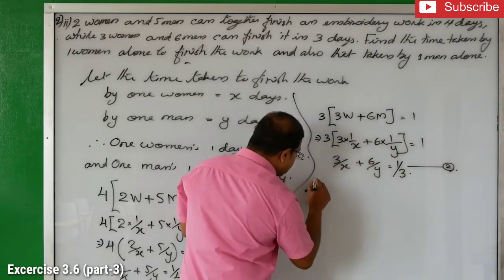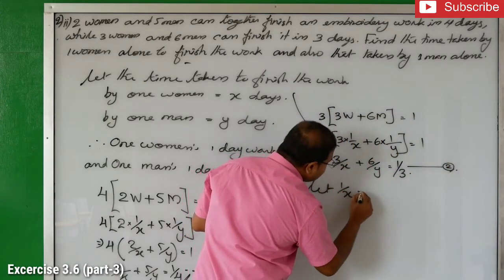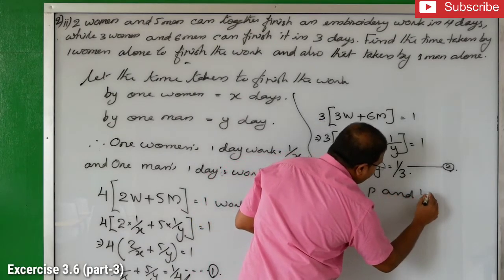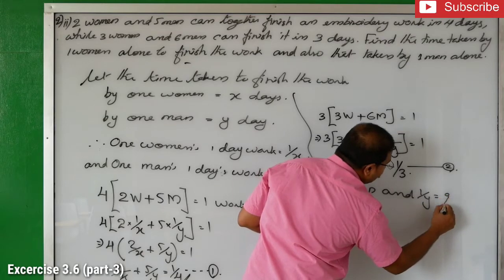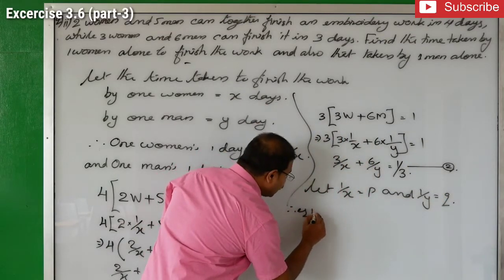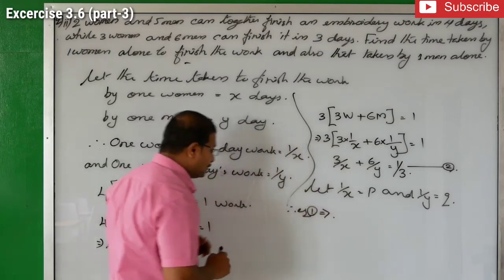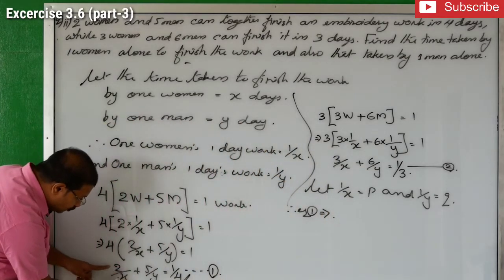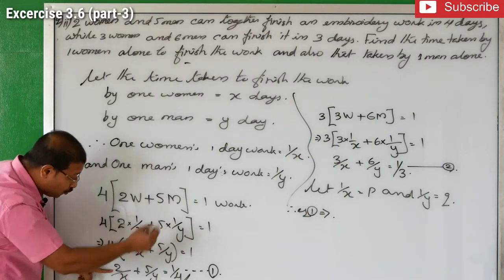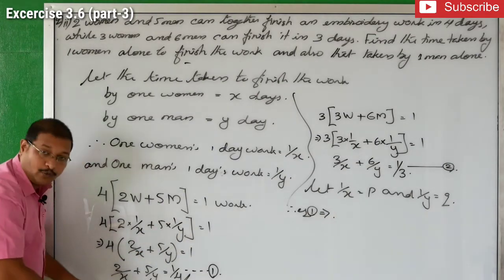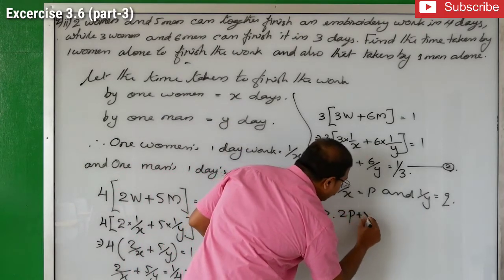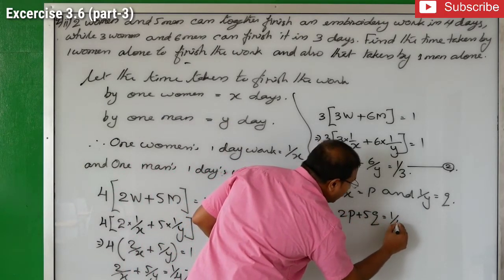Now what you will do is, let 1 by x equal p and 1 by y equal q. We are substituting. Therefore, equation 1: 2 by x, that means 2 into 1 by x, that is 2p. So 2p plus 5q equals 1 by 4.